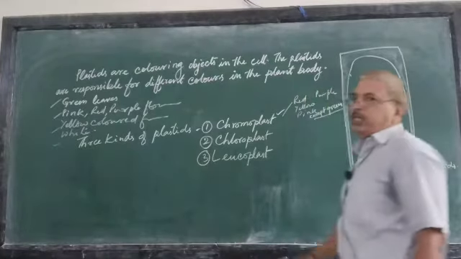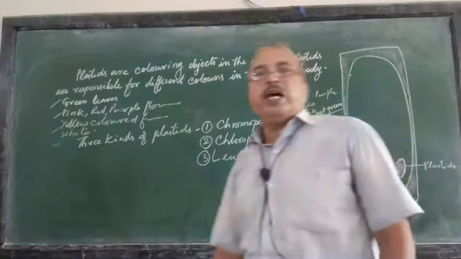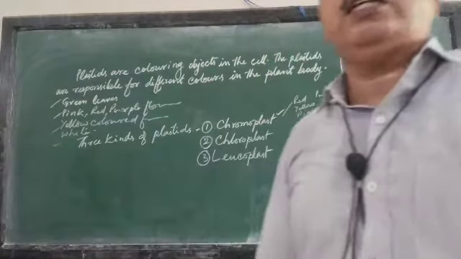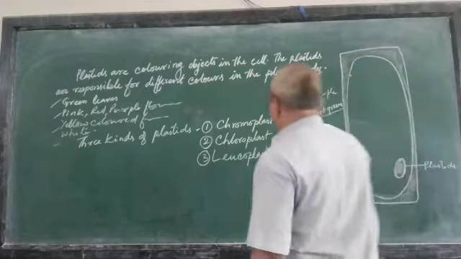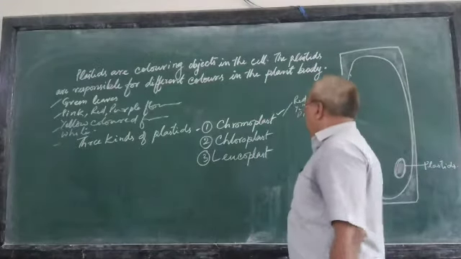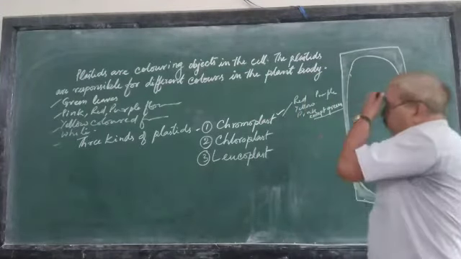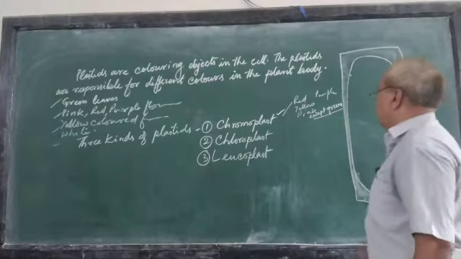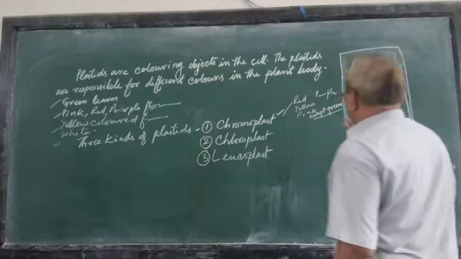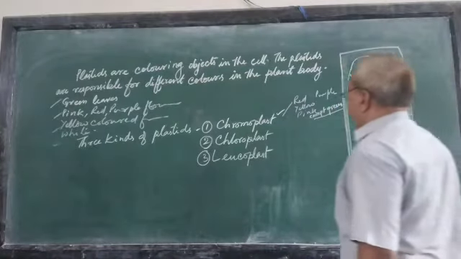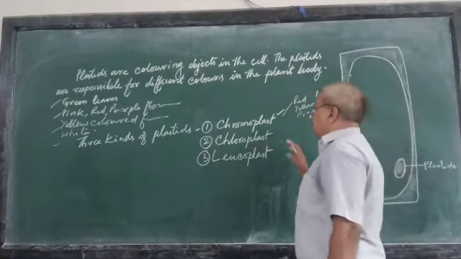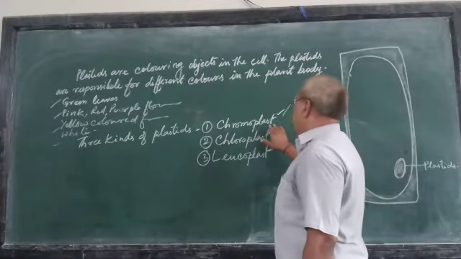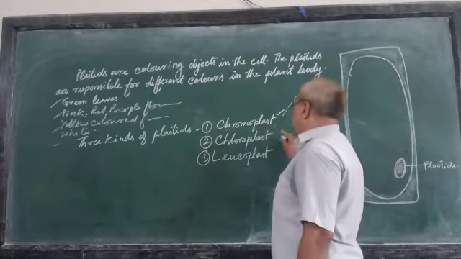Whatever colors you see in the plant body, say leaves are green, that color is not given by chromoplast. All other colors, red color of rose, yellow color of papaya, pink color of rose, purple color of flowers, all these are given by chromoplasts. Chromoplast is responsible for these colors.